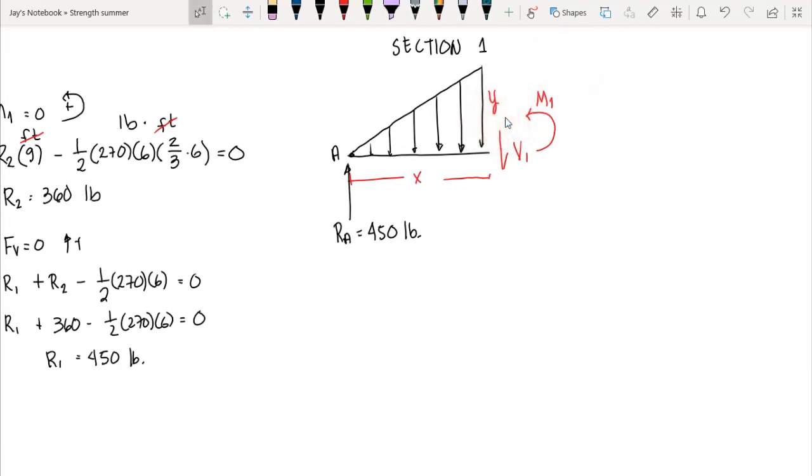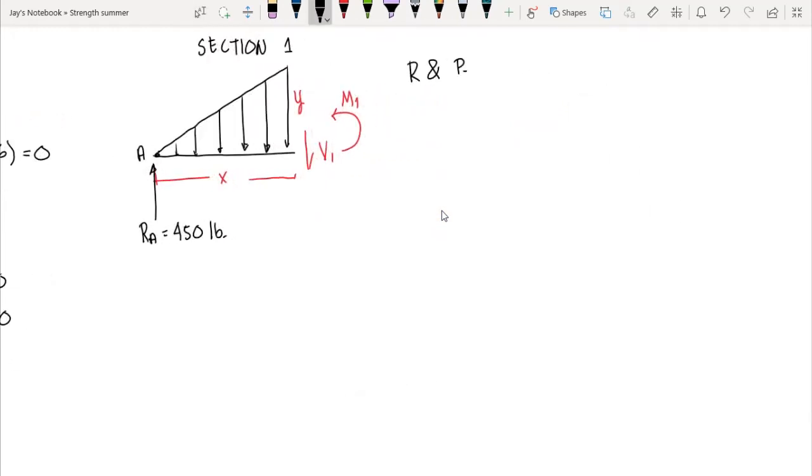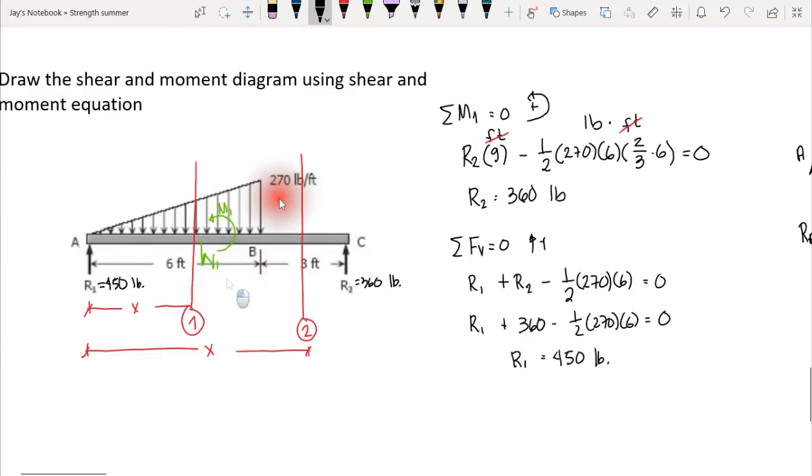In that case, we could create a relationship of y with respect to x by ratio and proportion. We could say that y over x is equal to the height over the length of the largest triangle, where the height is 270 pounds per foot and the length is 6 feet.